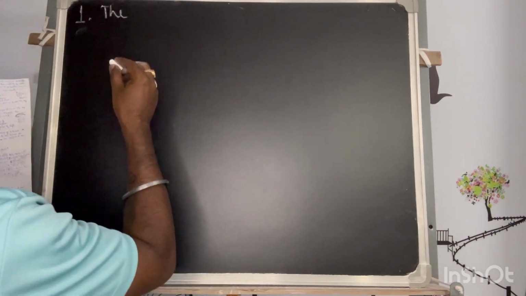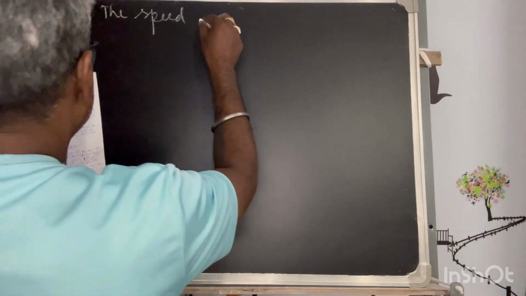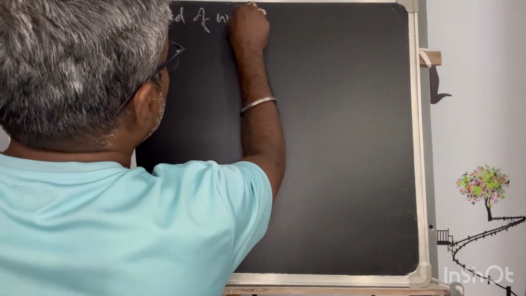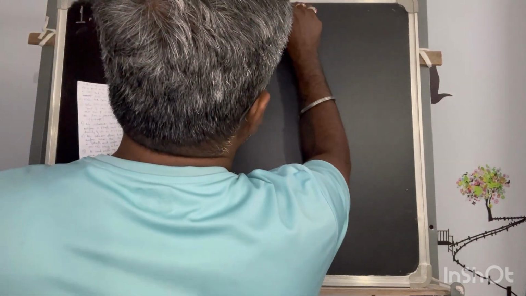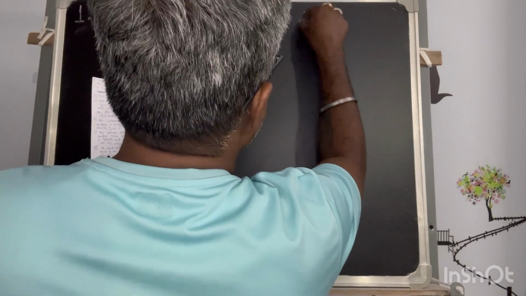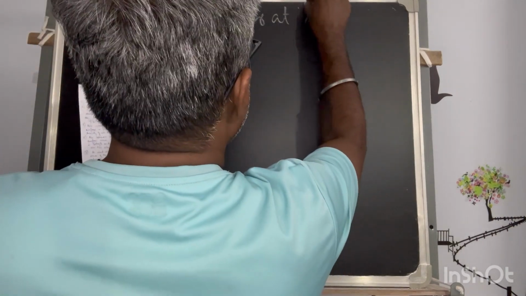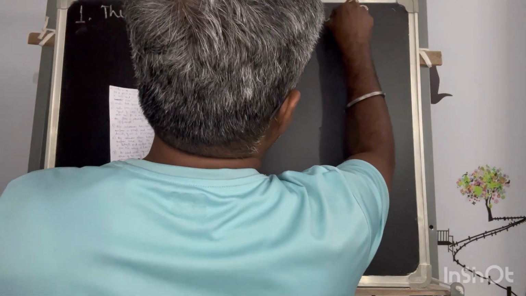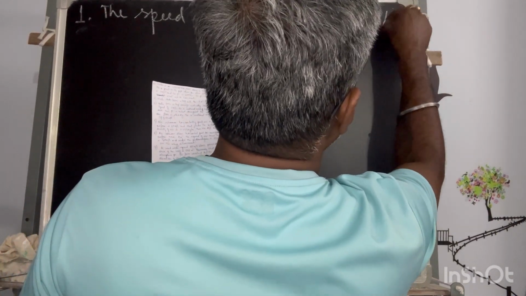The speed of water at X is 30 centimeter per second.